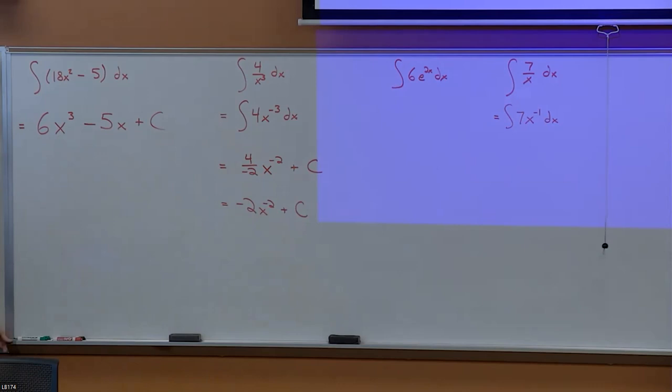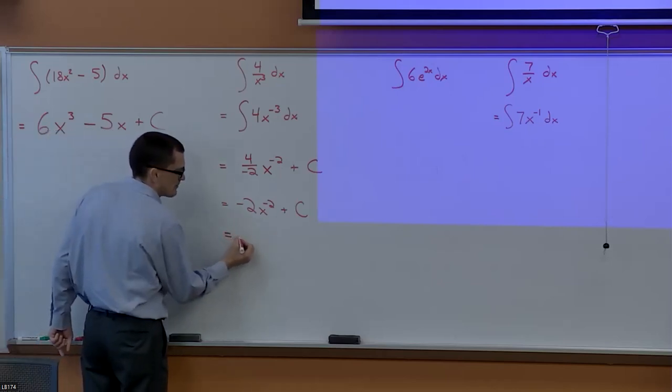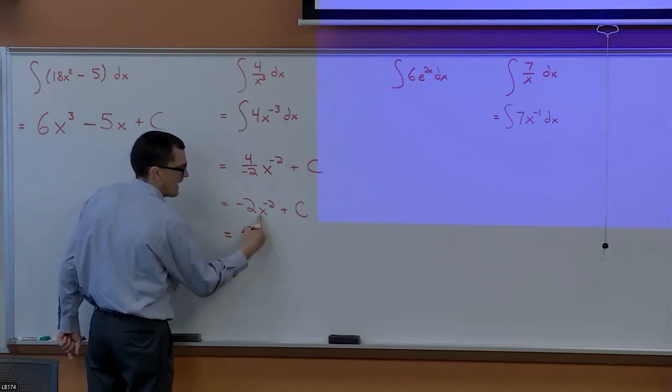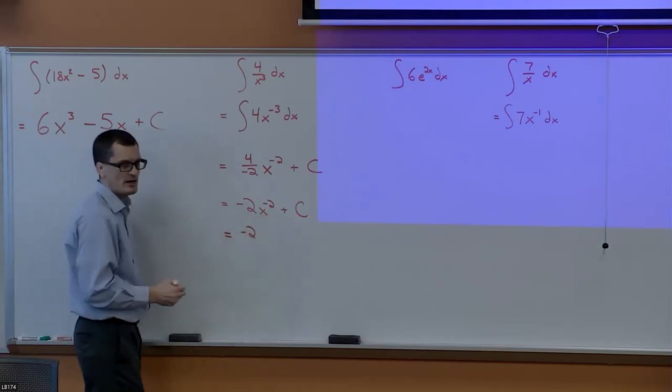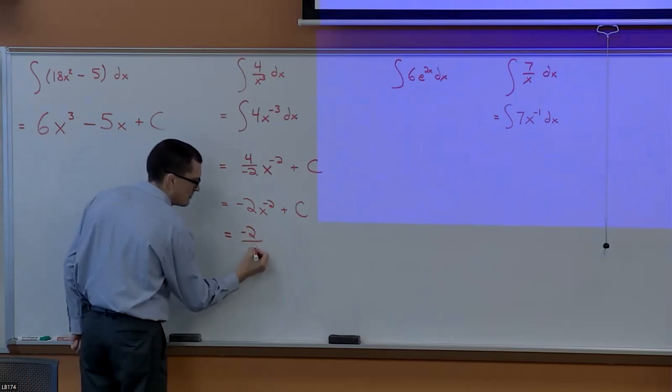So you end up with negative 2 times x to the negative 2 power plus c, using the x to a power rule. Sometimes people like to rewrite this x to the negative 2 in a numerator as x to the positive 2 in the denominator.